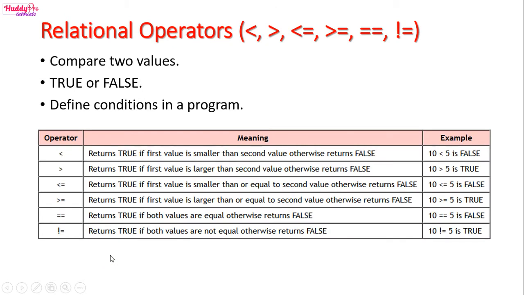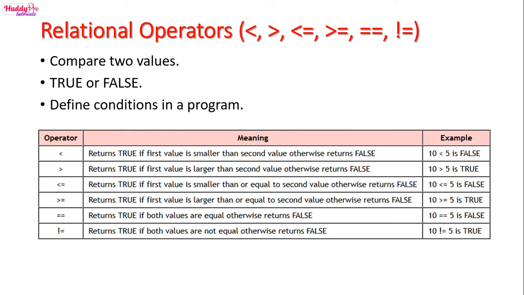We have relational operators. These are symbols used to compare two values. They are used to check the relationship between two values. Every relational operator has two results, either true or false. So in simple words, they define conditions in a program.